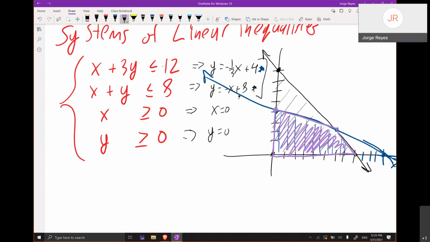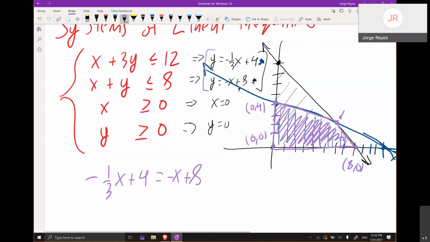So here, that's 0, 4. This one's obviously 0, 0. This one is 8, 0. This one is the one you need to figure out. So, right, how did I get that dot? Right, that's when both of the blue line and the black line intersect. So you should solve for x, right? So I'm going to add x to both sides.